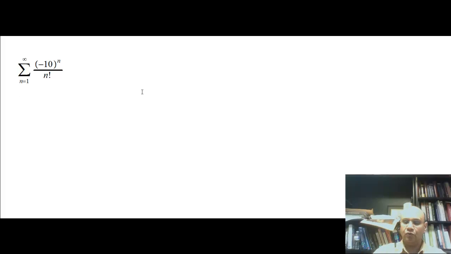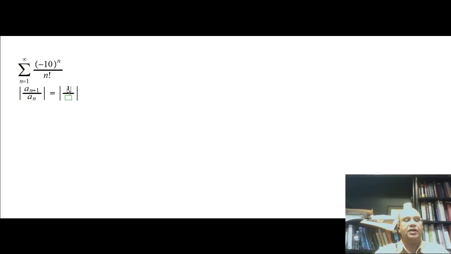For the ratio test, we take the n plus 1th term over the nth term. You're familiar with that, right? So what we have is 10 to the n.